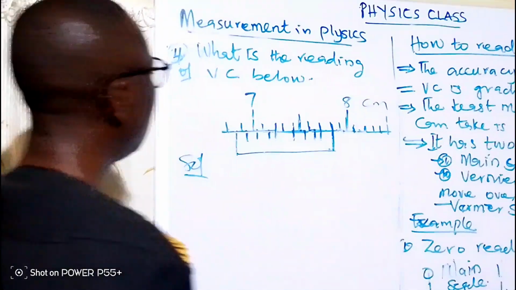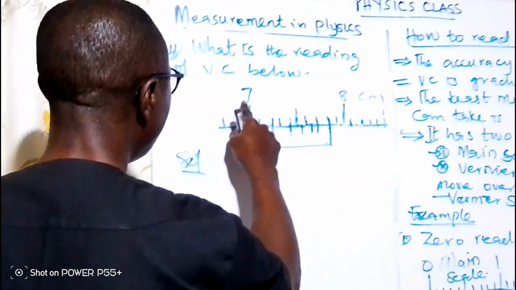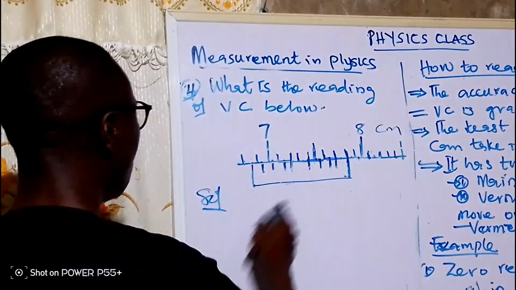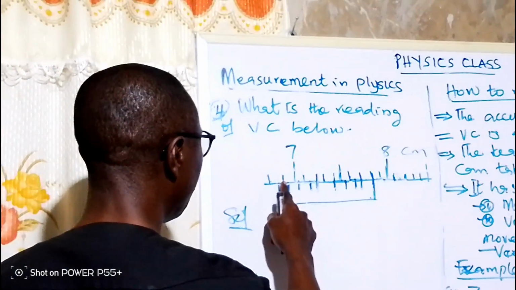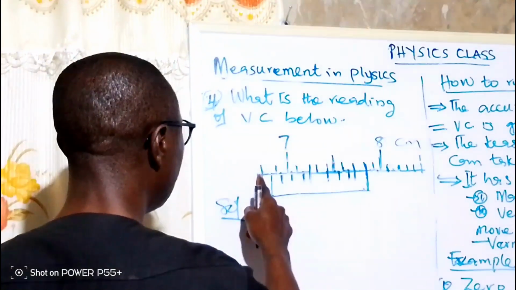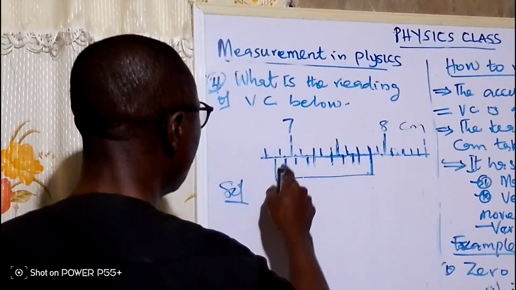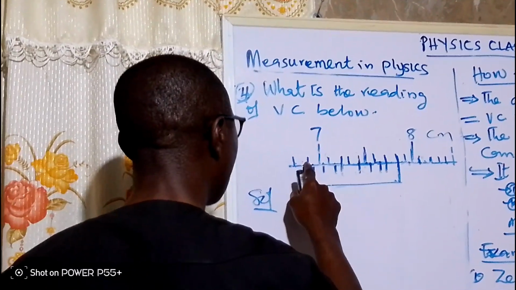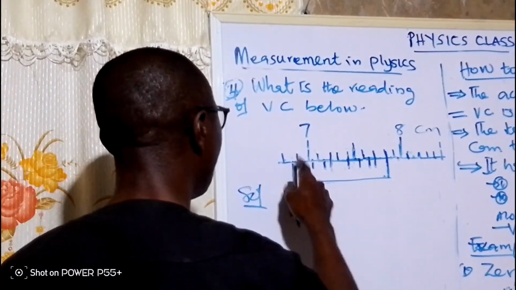If the next number before 7 is 6, then if we count back, it will be 6.9, 6.8. The main scale will be between 6.8 and 6.9, but it's not up to 6.9.